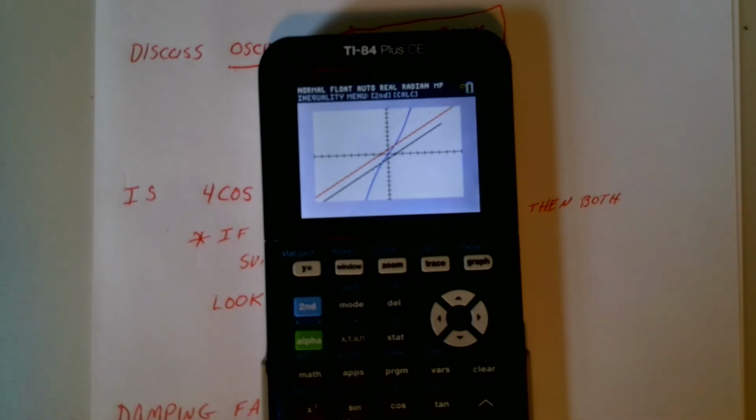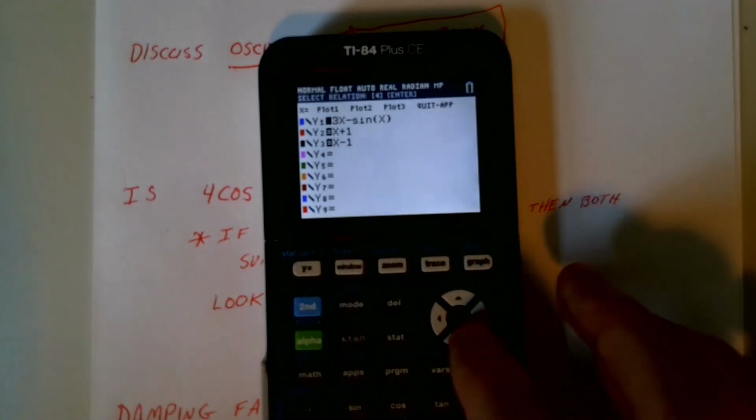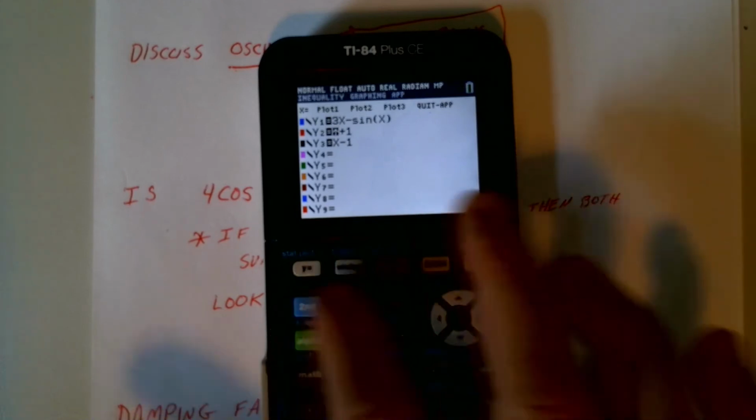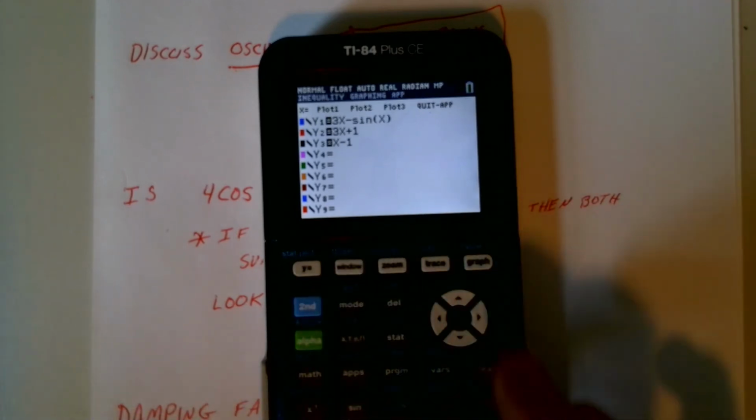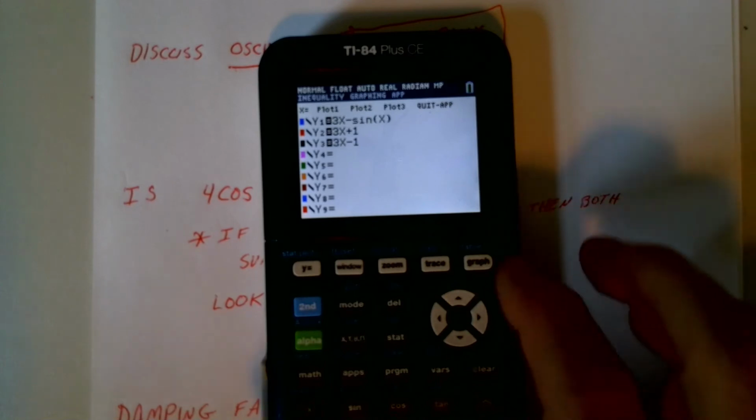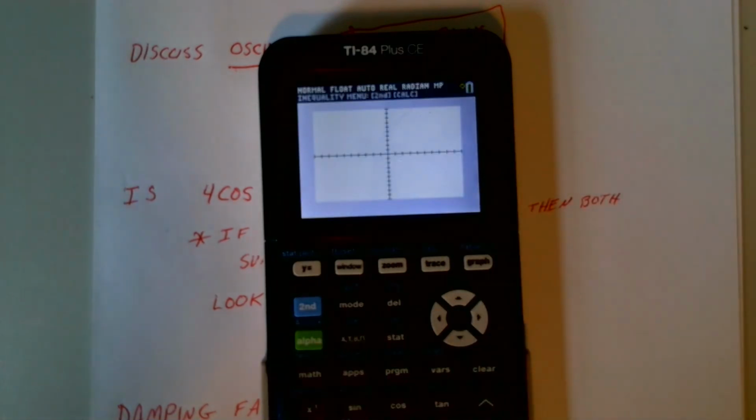So it's going to oscillate, except it's going to oscillate between ones that are steeper, like that. And if I blew up my window and zoomed out quite a bit, you'd still be able to see that.